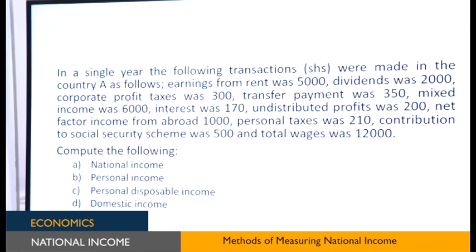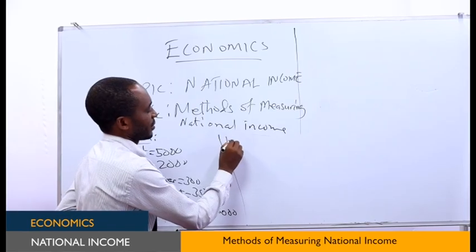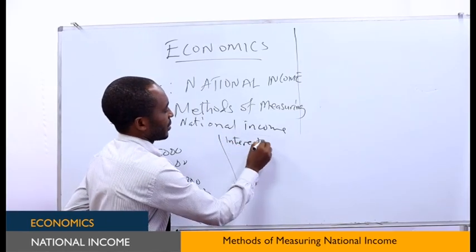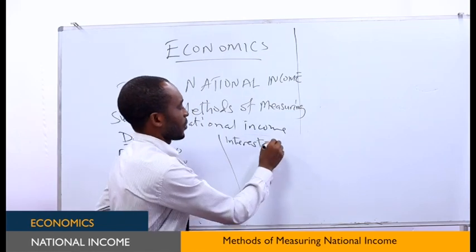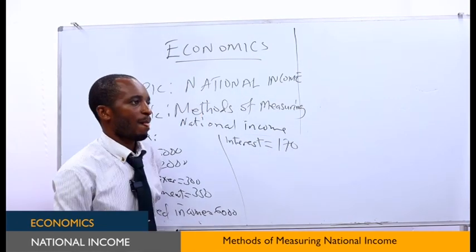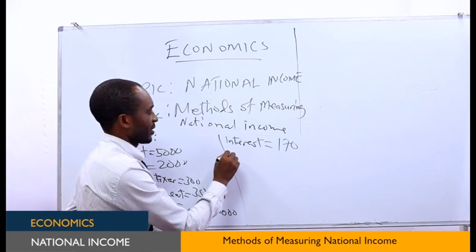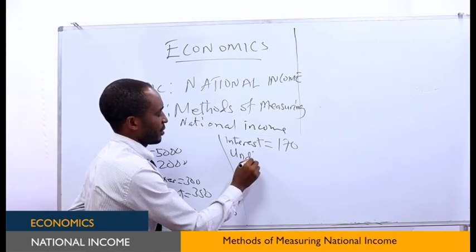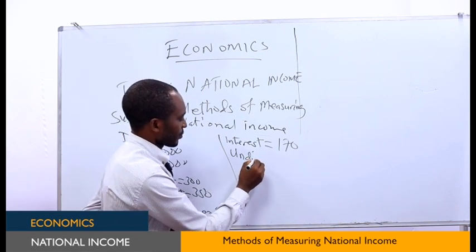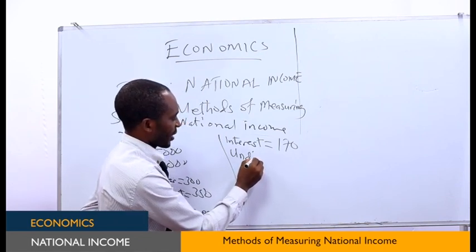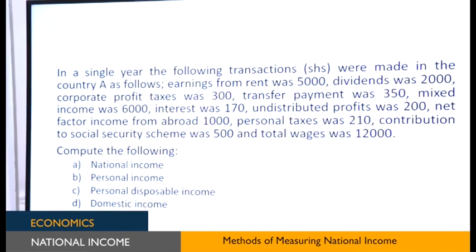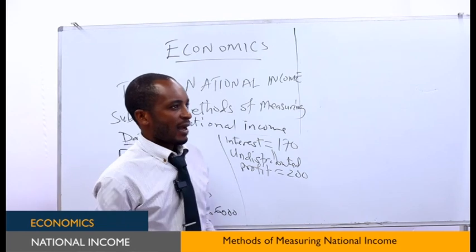Then we are given interest equals 170. Undistributed profit was 200.